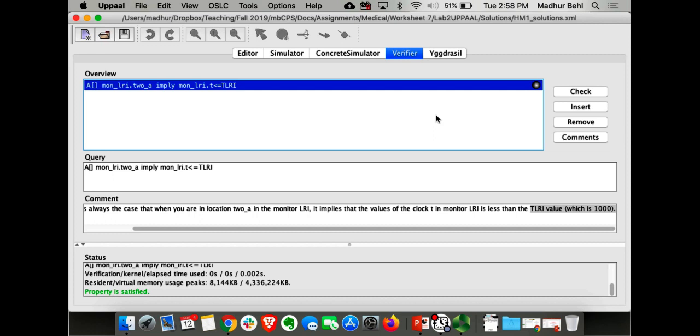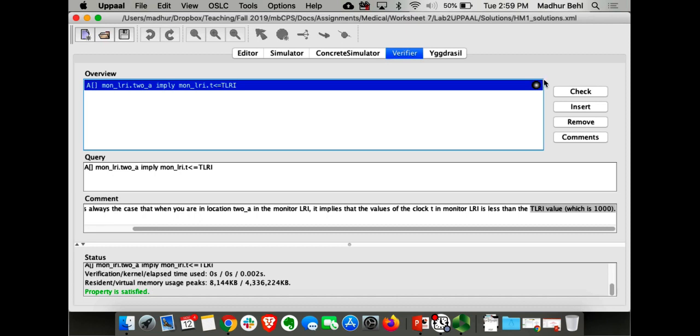Now, if the heart is in bradycardia, the single beat takes more than a second. We just saw it takes roughly 1600 to 2200, any value in between. So it should violate this LTL requirement, that the V to V interval never exceeds the 1000 TLRI value.